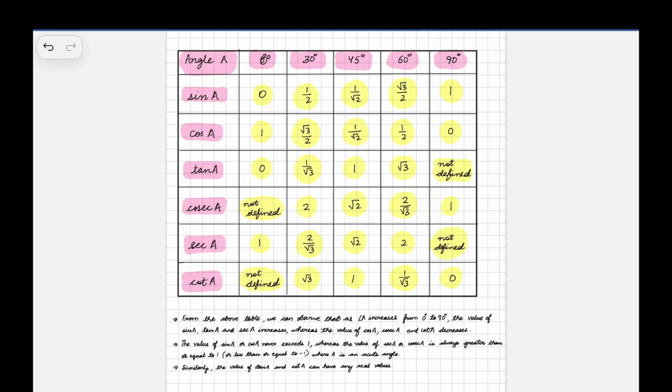The value of sin A or cos A never exceeds 1, whereas the value of secant A or cosecant A is always greater than or equal to 1 or less than or equal to minus 1, where A is an acute angle. Similarly, the values of tan A and cot A can have any real values.